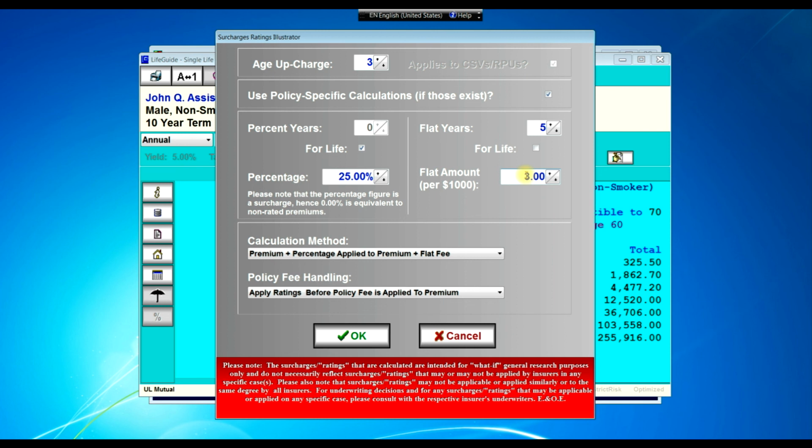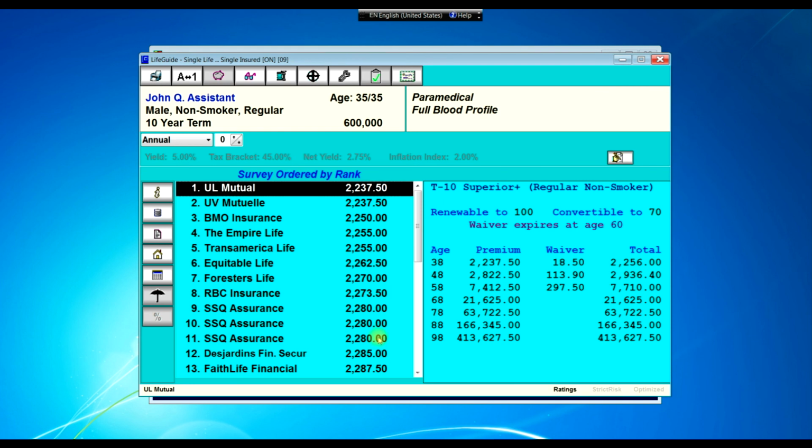This would be a situation of someone who is obese, has high blood pressure, and works in the oil fields of Iraq, for example, if the insurance company will even accept them. So let's take a look what it will be. Okay, we're going from 310 to 2,237.